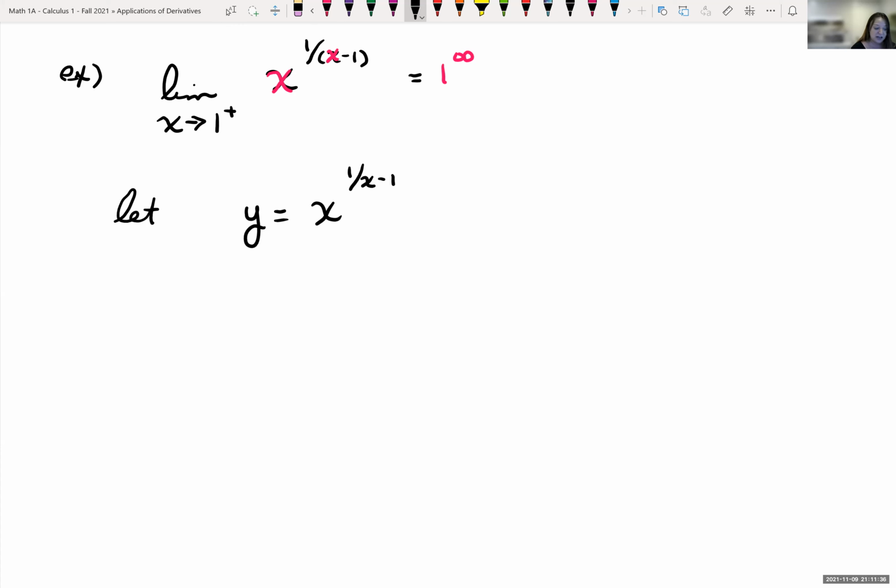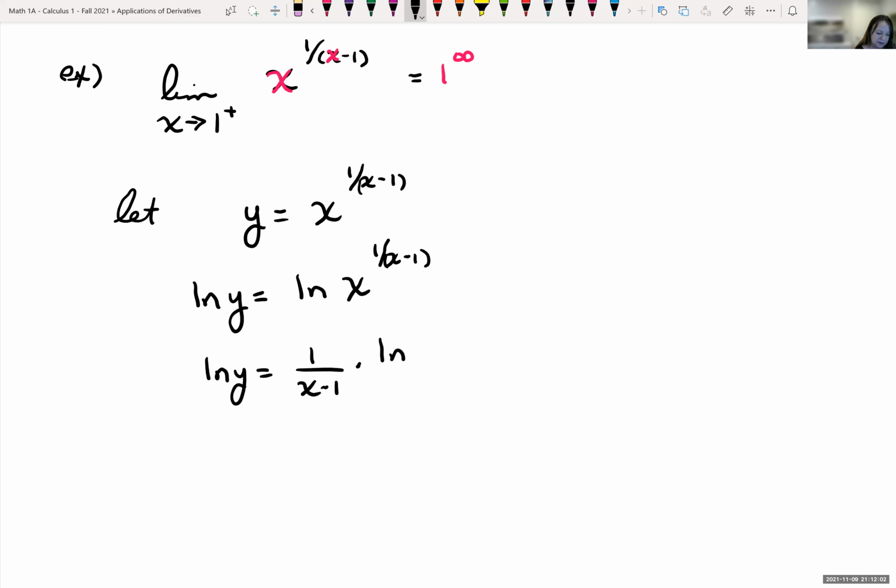And if we took the natural log of both sides, we can bring our exponent down. And so we have the natural log of y equals 1 over x minus 1 times the natural log of x.